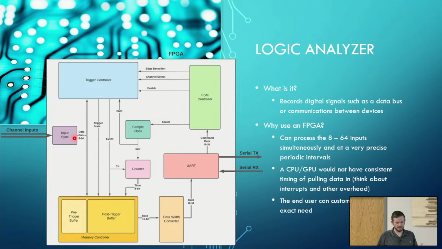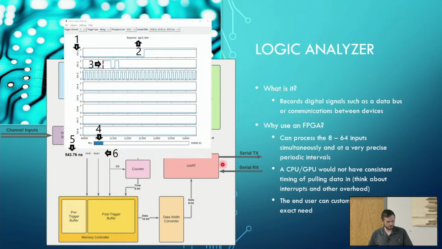Basically, the data comes in, it waits for the condition that you want to record data, and then it saves it off into a buffer, and then it has a little finite state machine that controls all this, and then it has something to talk to the computer, and then all that data gets offloaded out of the FPGA into the software application, which I'll show you later. And this is kind of what my GUI looked like.